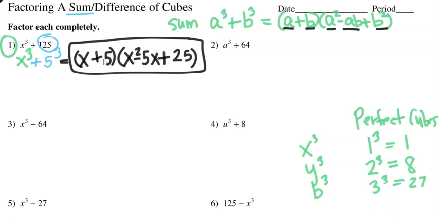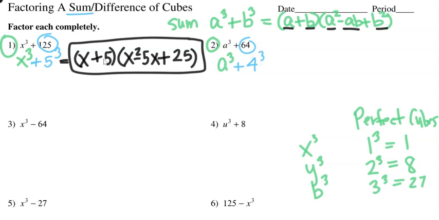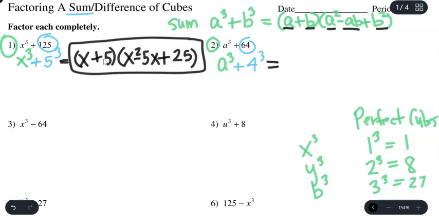Let's do it again. Let's do number 2. So number 2, I'm going to be looking at the same thing. I've got a cubed. That's a perfect cube. I've got addition. And then I've got to look and see if 64 is a perfect cube. And 64 actually is a perfect cube. It is 4 cubed. So I can apply the factoring identity here for the sum of cubes.